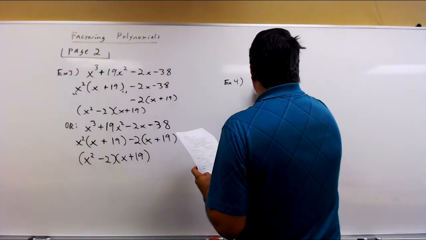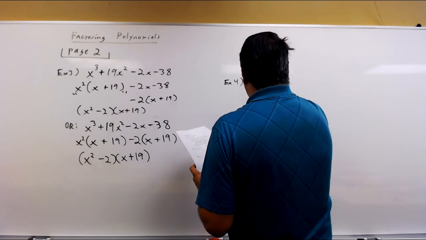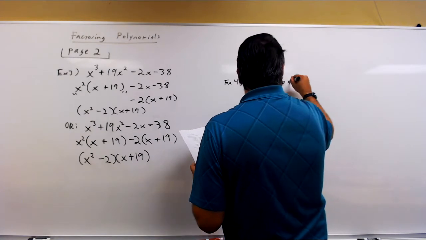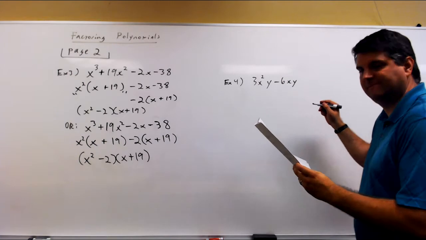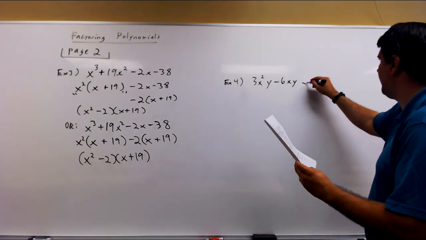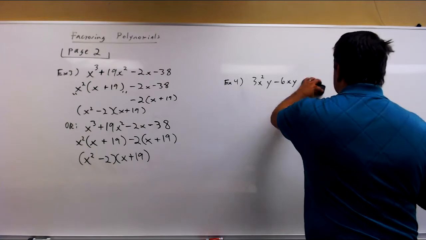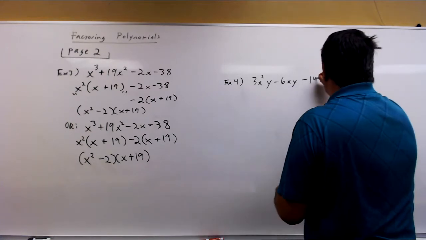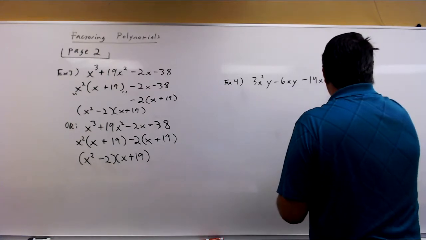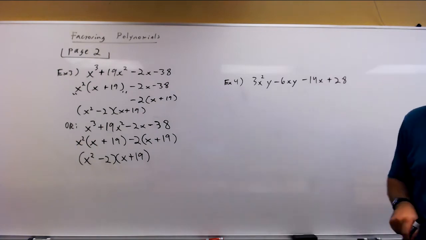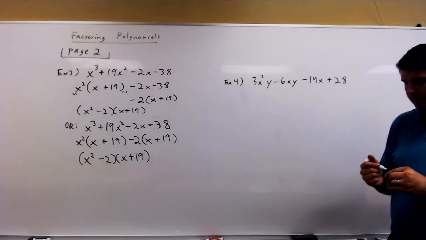So I have 3x squared y minus 6xy minus 14x plus 28. Now I want to make sure they're in descending order.